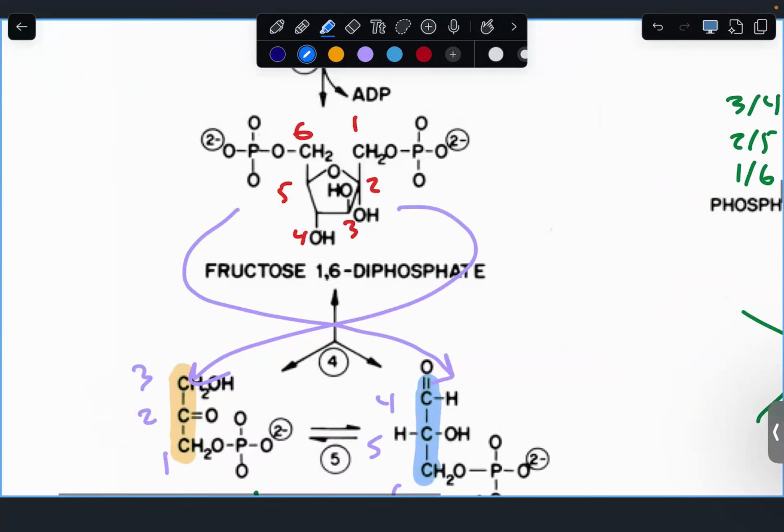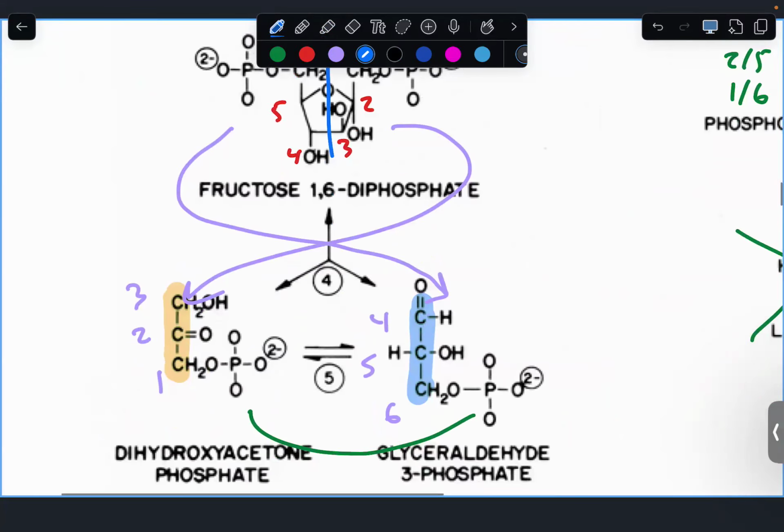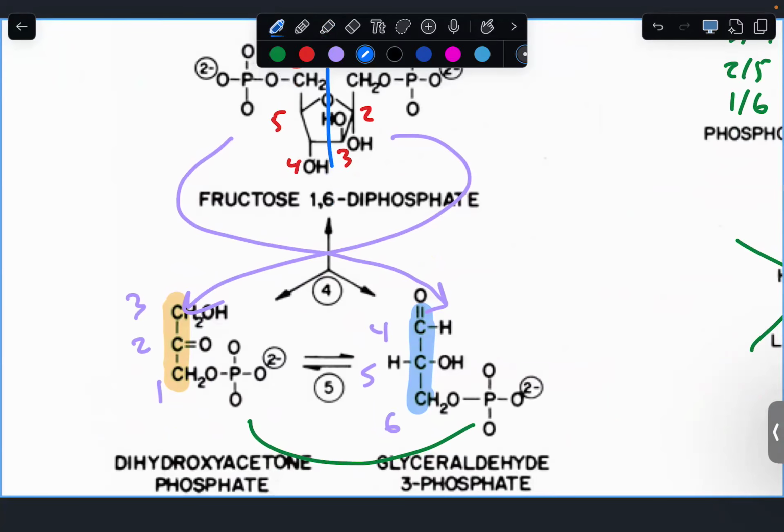So we split it up into 2 here. The right side gets converted into dihydroxyacetone, and the left side gets converted into glyceraldehyde 3-phosphate.